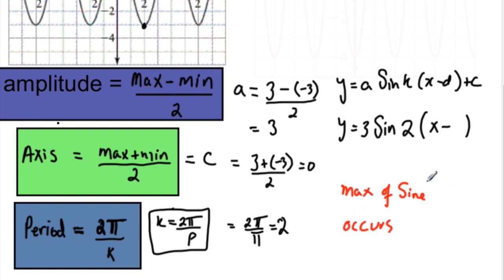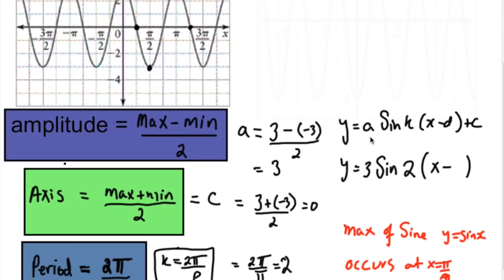The maximum of just sine x normally occurs when x is pi over 2. Okay, that's our 90-degree marker, pi over 2. So normally its max occurs at pi over 2. So if I can determine where the max is, I can then determine how much has been shifted to the left or right.